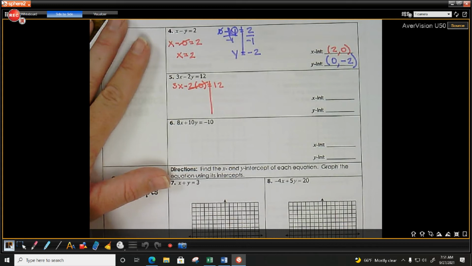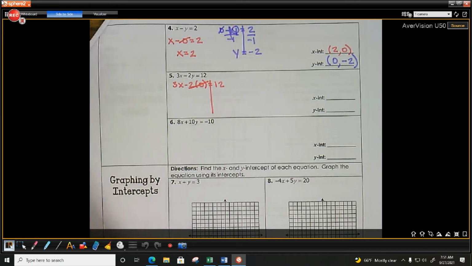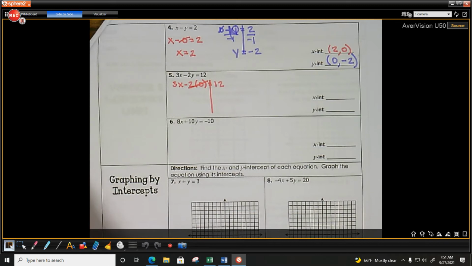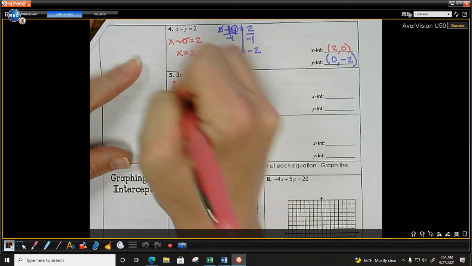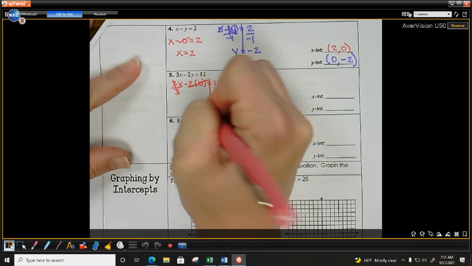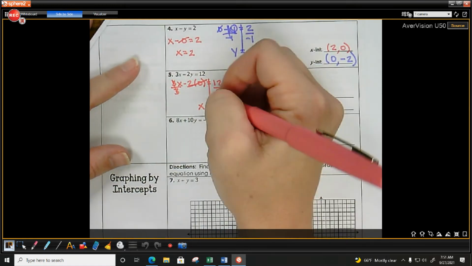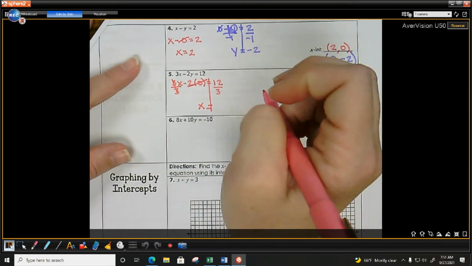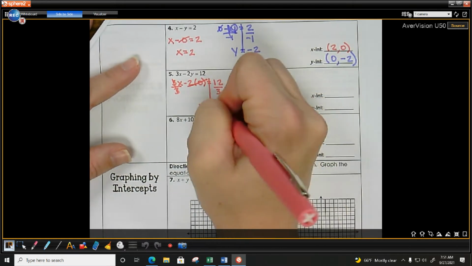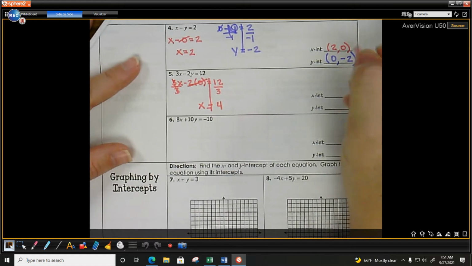So what am I going to do next to find x? Divide both sides by 3. And I get x equals what, Marissa? 4. Very good.